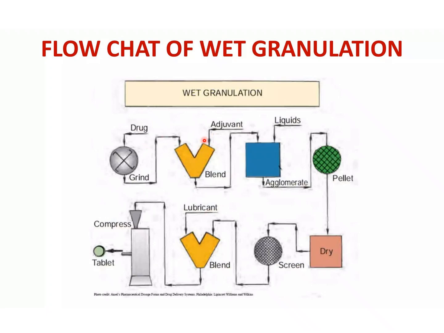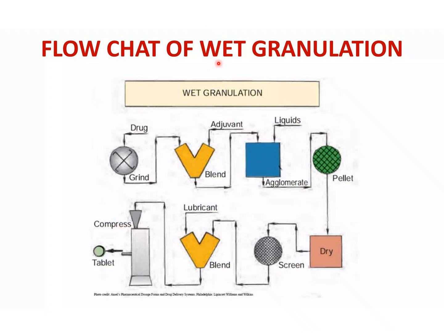So if we use this lubricant earlier, what would happen? Ultimately, this would prevent the blending of these API, excipients or other adjuvants. That's why lubricants are added at the very last stage of granulation. After the lubrication, we complete the compression. So these are the overall steps of wet granulation method.